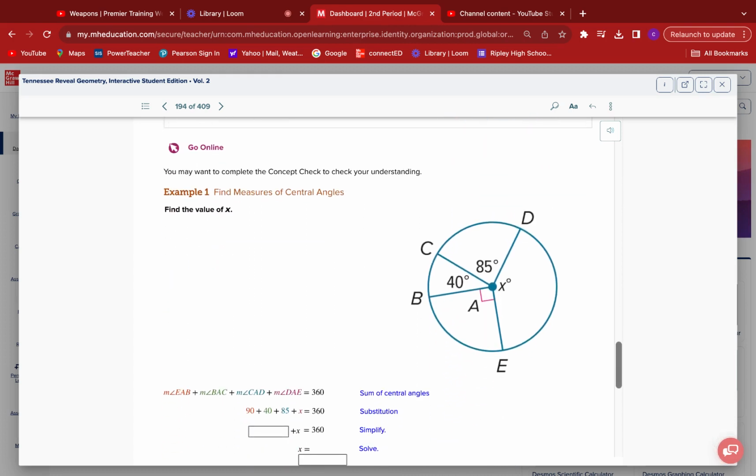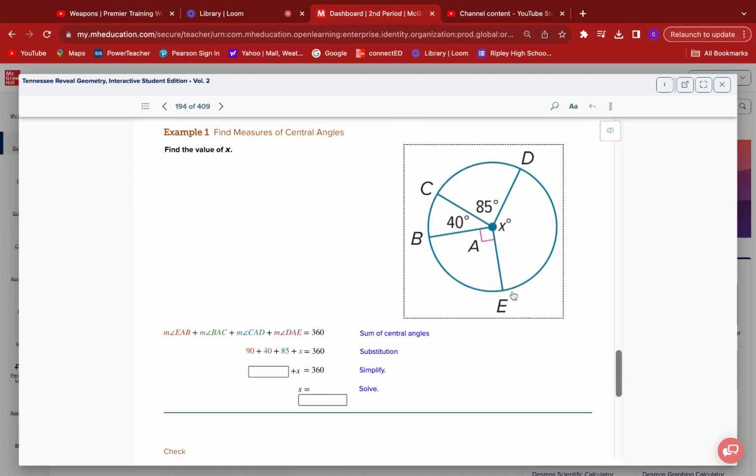All right, here we go. Example number 1. Find X. X is a central angle because it is at circle A, with points D and E. A full circle is 360, and I have every single pie piece besides X. So I'm going to take 360 and subtract 85, 40, and that box means 90.